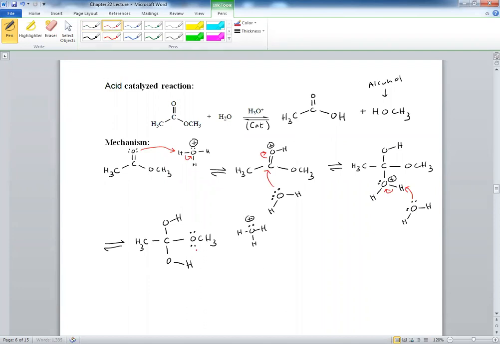Now the OCH3 group will be protonated to make it a better leaving group. So there's now a positive charge on this oxygen, which makes it an ideal leaving group.